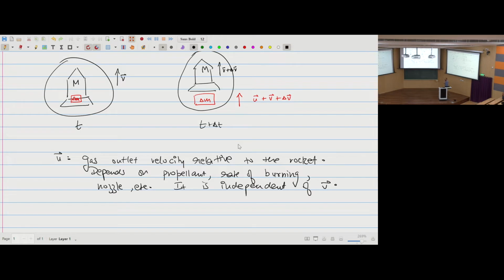Is that clear? Good. Now that we have defined the system, we can apply Newton's second law as we apply it for systems.